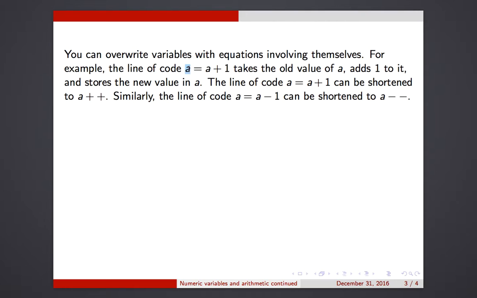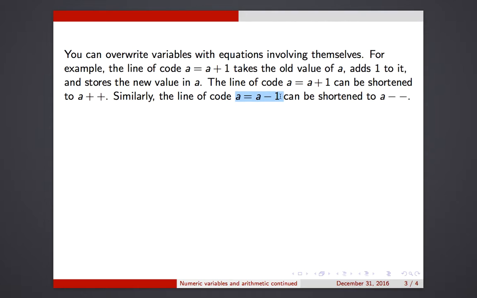So whenever you have variable equals stuff, whatever is on the right-hand side here gets placed into the left-hand side. So the value of this variable becomes whatever this value is over here. So if a has value 7, then what you're saying is take 7, add 1 to it, now the value is 8. Take 8 and place it inside that storage space. So this line of code is simply taking the value of a and upping it by 1.